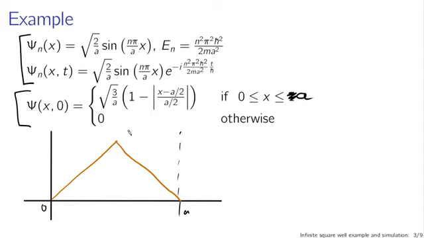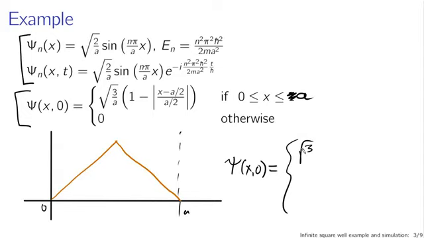Our general procedure suggests that we express this initial condition in terms of these stationary states with their time dependence, and that will tell us everything we need to know. One thing that will make this a little easier to work with is getting rid of the absolute values. So let's express psi of x at time t equals 0 as a three-part function.